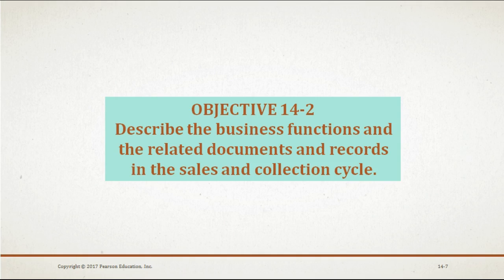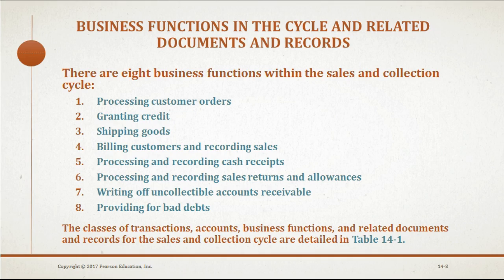Moving on, we will next discuss the business functions and the related documents and records in the sales and collection cycle. There are 8 business functions within the sales and collection cycle.